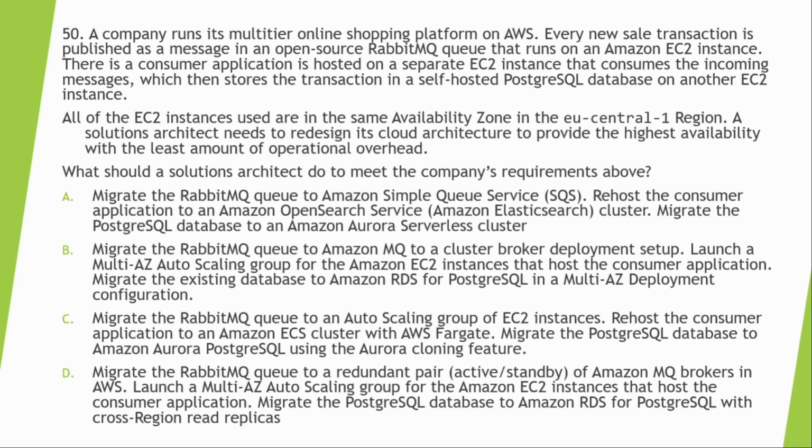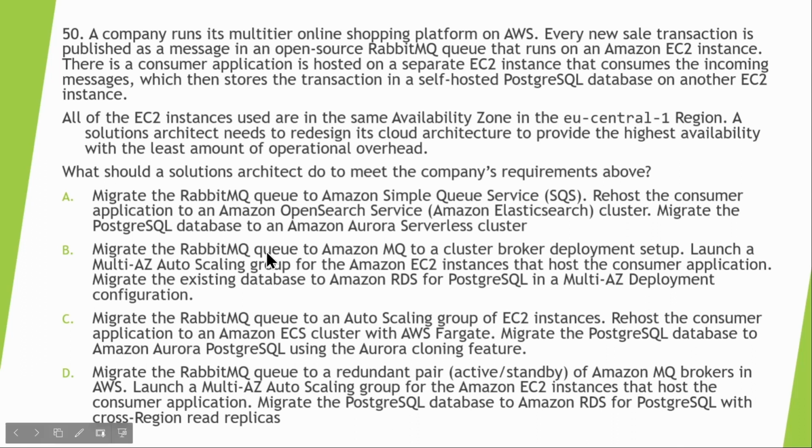First you need to migrate RabbitMQ to Amazon MQ, which is the service Amazon provides for RabbitMQ. Then only can you migrate it to SQS. This itself says there is a lot of operation overhead: first you move to one queue, then to another queue. So the option is eliminated.